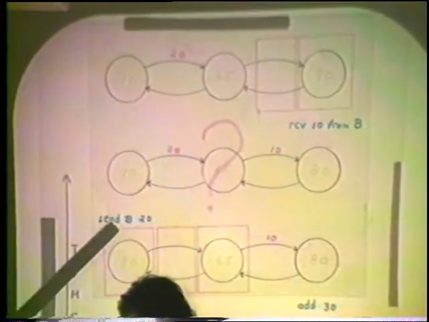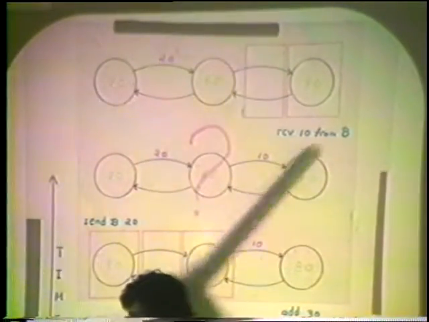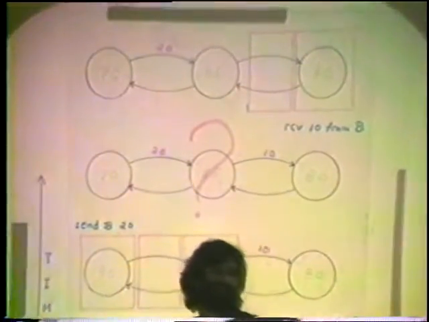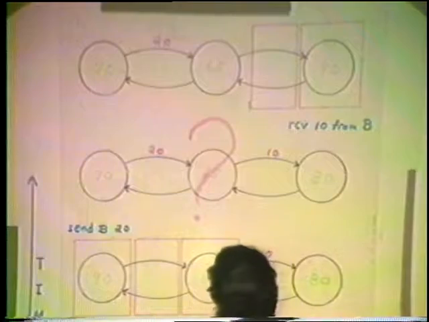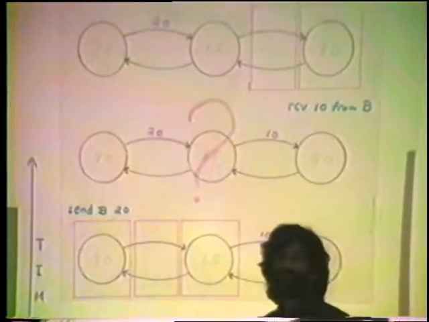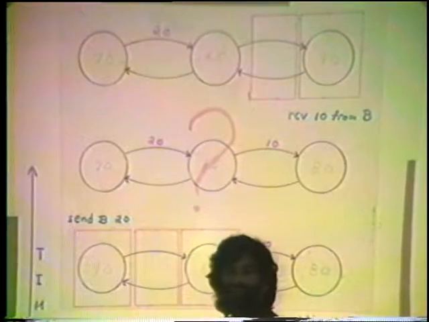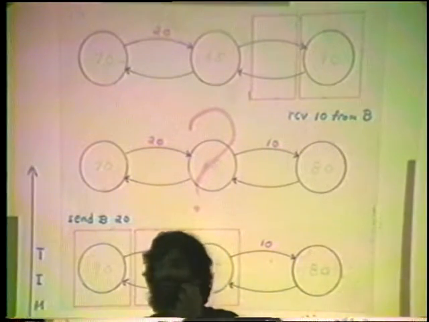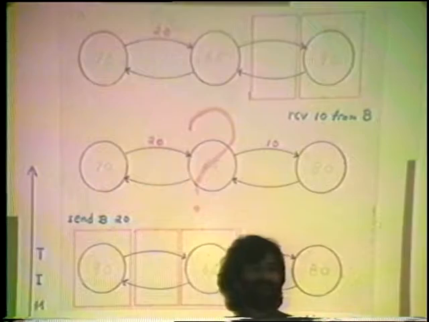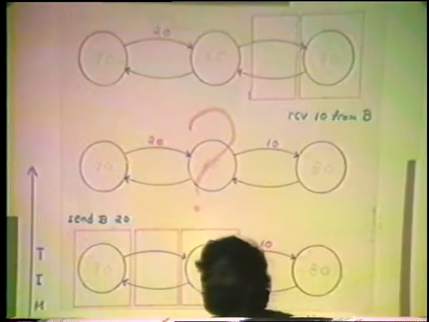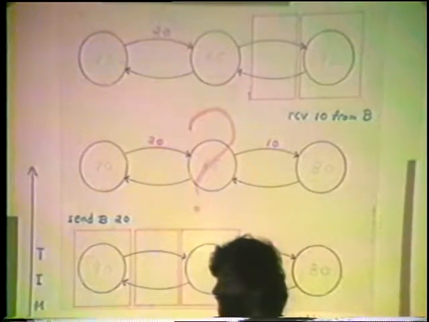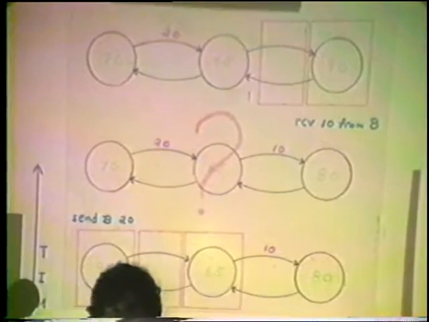This event happens in San Francisco. This event happens in New York. Now, they might have happened about 20 nanoseconds apart. And if they really happened very close together, there's no way we could really expect any algorithm to decide that this event had occurred before that event.